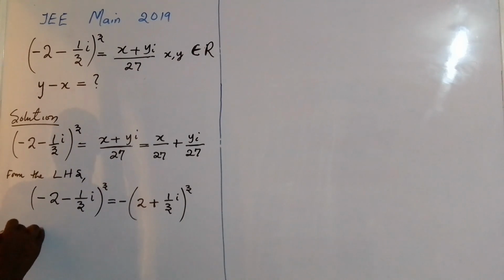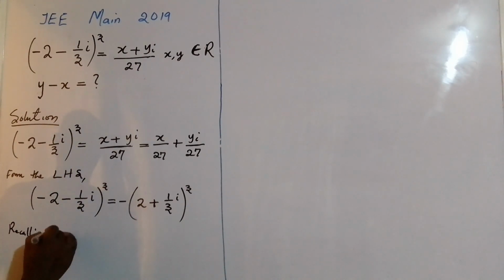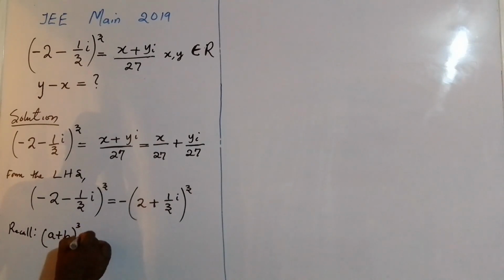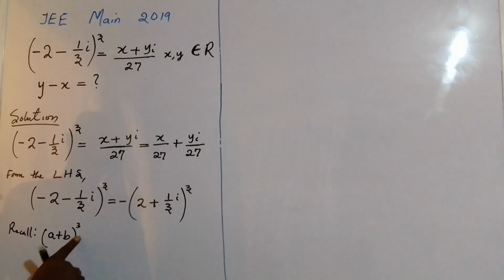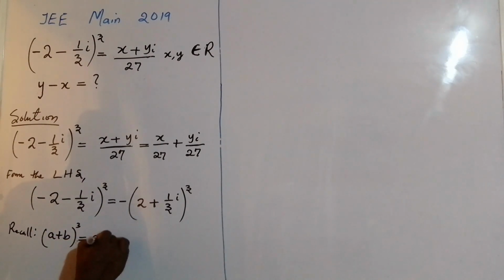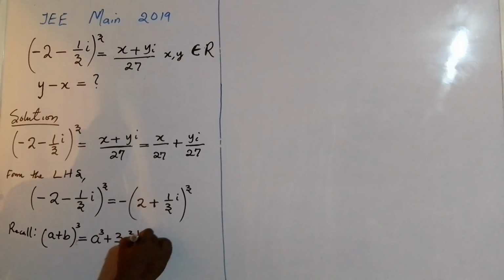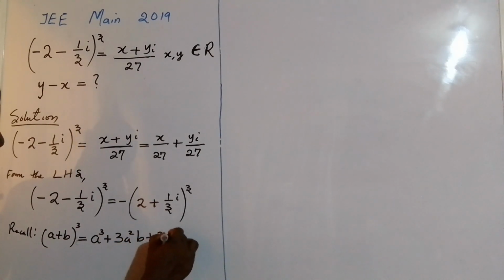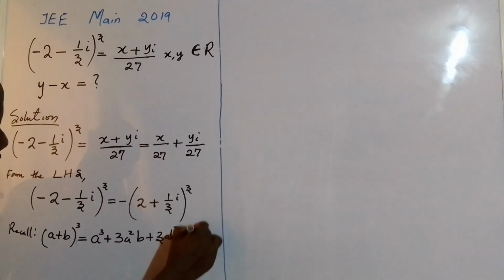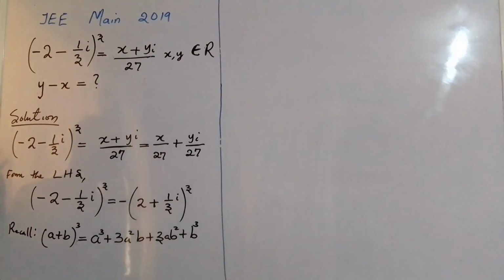So recall that (a plus b) cubed is the same thing as a cubed plus 3a squared b plus 3ab squared plus b cubed.